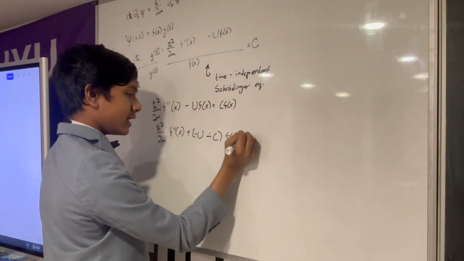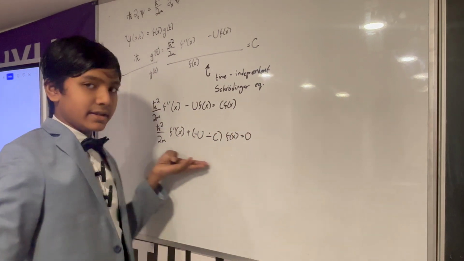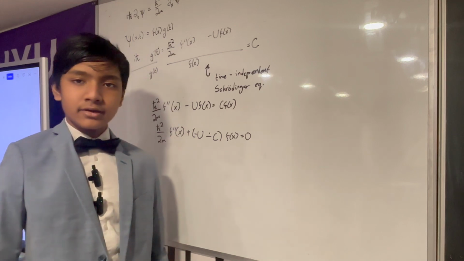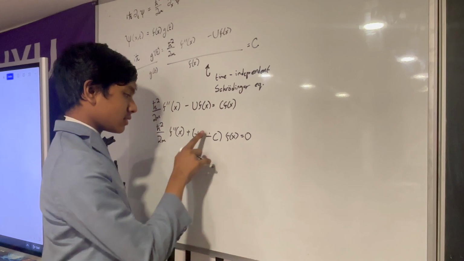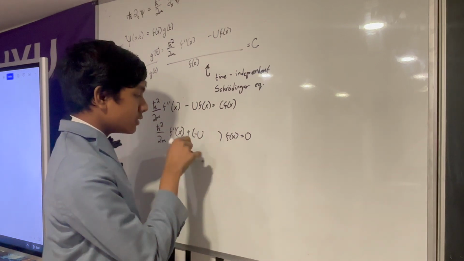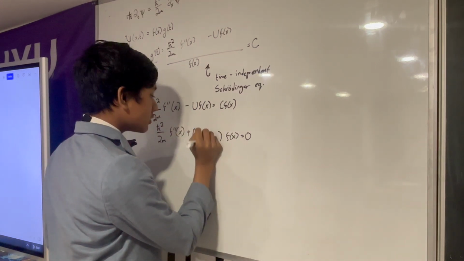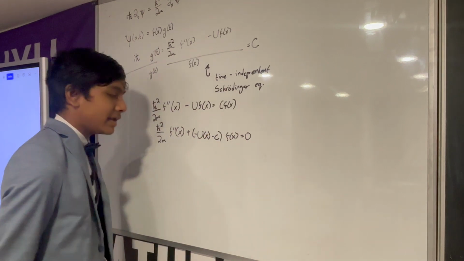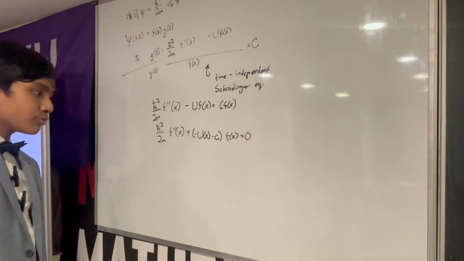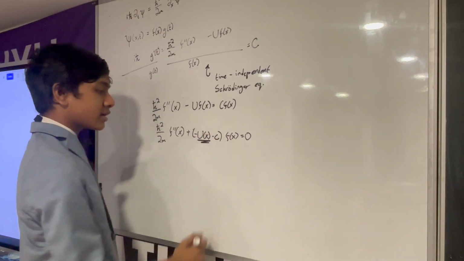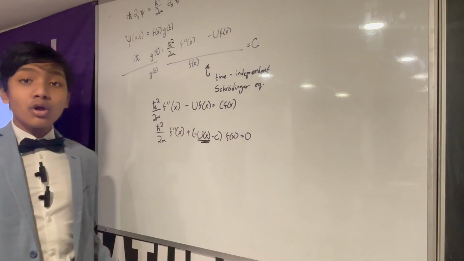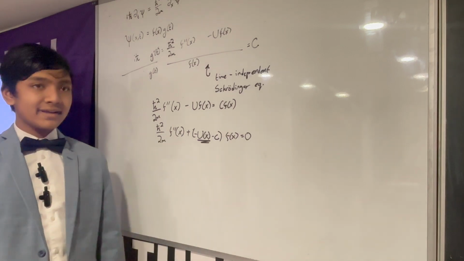And happily proclaim that this is just a linear differential equation and that you can solve it as well. But there's a caveat. Because u is the potential function, which is always inherently dependent on x. And surprise, you can't solve it anymore because this is not a constant. You can't solve it without knowing what u of x is.